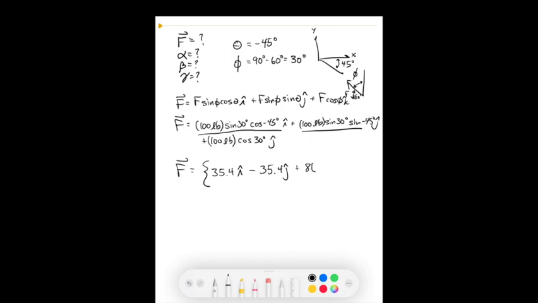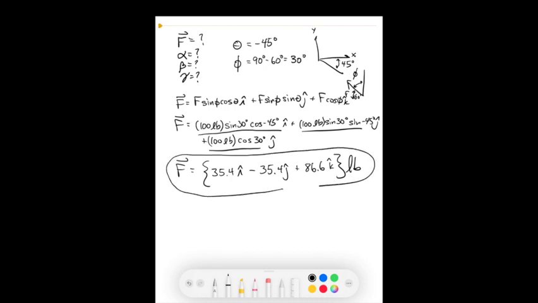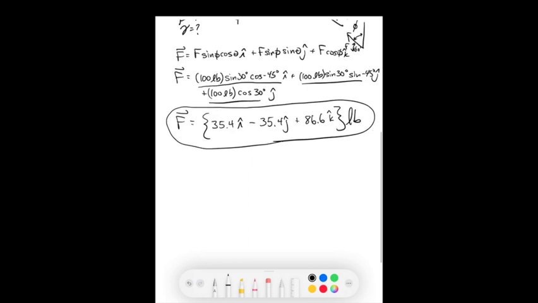In the z direction, I find that this is 86.6, and we see that that's pounds. So here's our first answer describing that force F using our 3D Cartesian vector components.